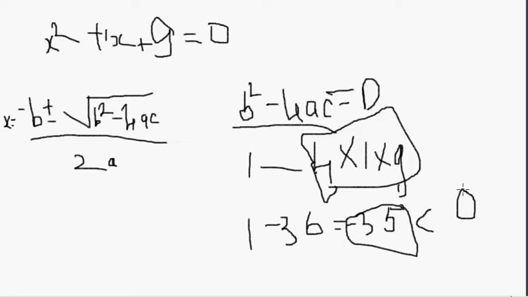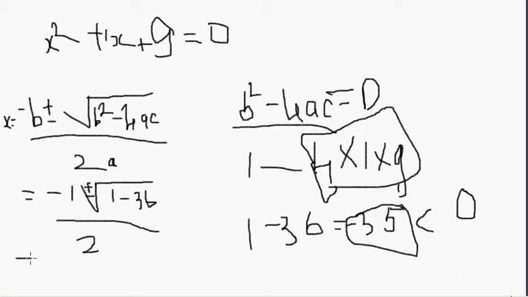So how are we going to find the value of imaginary roots? I'll tell you. We have to use complex numbers here. So minus b plus minus, applying the formula above, b is 1, minus 36, and 2a is 2.